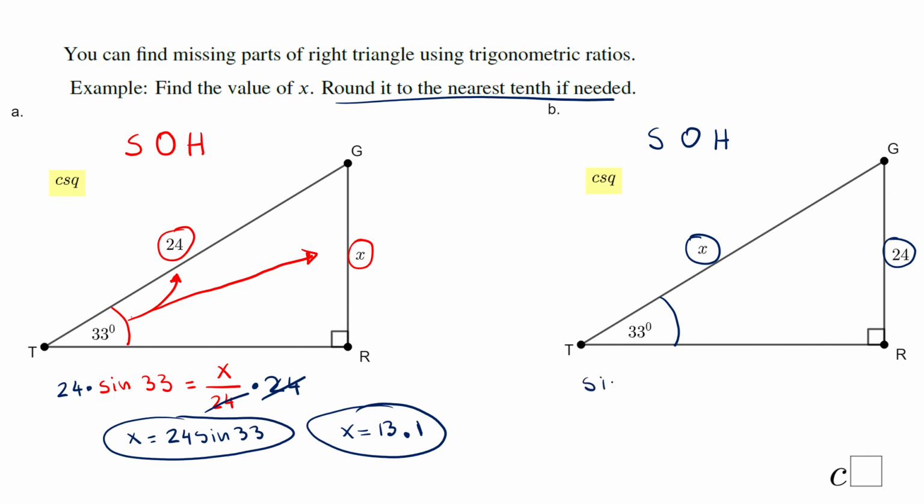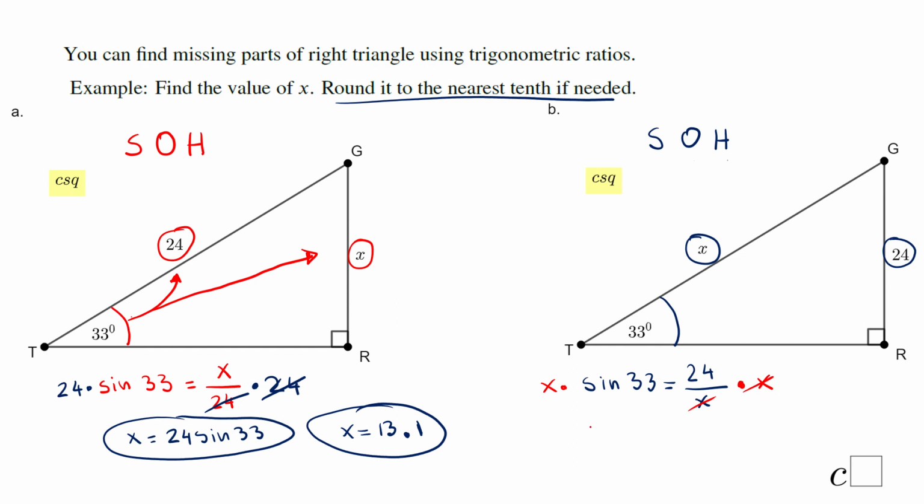So I'm going to write again sine of the angle T, which is 33, equal, again, opposite over hypotenuse. Now I'm going to have 24 on the top of the fraction, the numerator, over x. So like I said, very similar, however different. The process of solving, again, very similar. I'm going to multiply by x to get rid of this x. Don't forget to do that here.